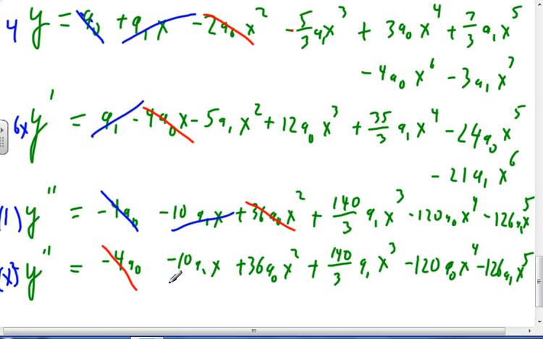So that term is 0. Look at the x4 term. I've got 12. I've got plus 6 times 12. I've got minus 120. And I've got plus 36 for 0. So that term goes away.